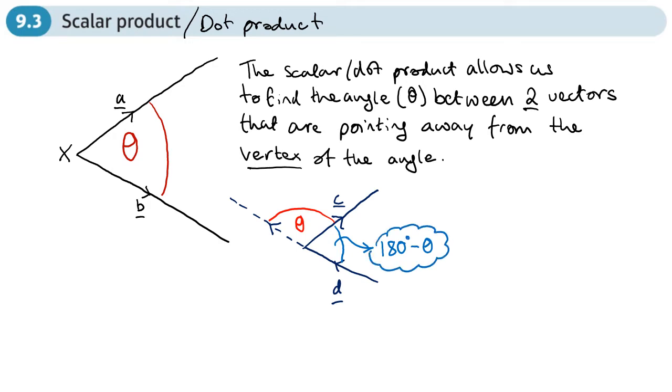So you can see what happens if you don't have the 2 vectors pointing away from the vertex. You won't actually be finding that angle, it'd basically be 180 degrees minus that. So these are both pointing away from this vertex here. This is the angle we'll find. If I have a diagram that's like this, actually this angle here would be 180 minus this angle over here.